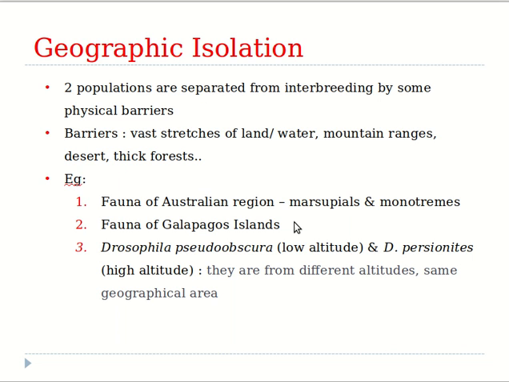So some animals and plants colonized from the mainland, and these few populations survived on the island, but the ancestral population on the mainland and the migrated population on the Galapagos Islands were completely separated by a vast stretch of water. Hence they evolved along their own lines into separate species.